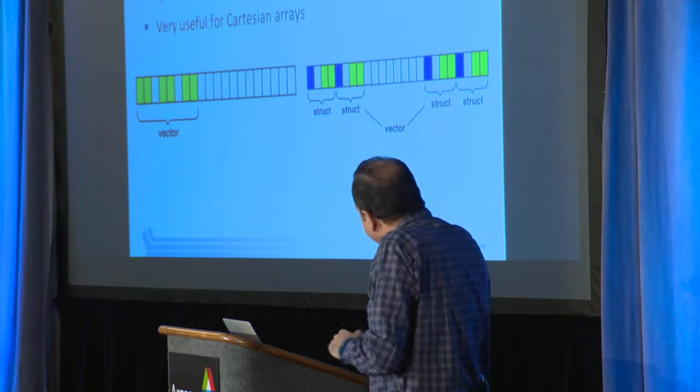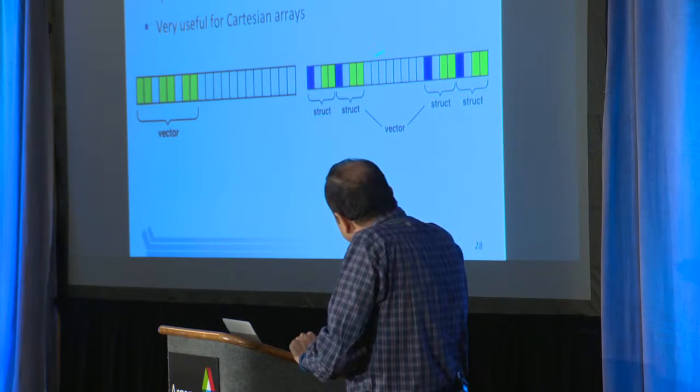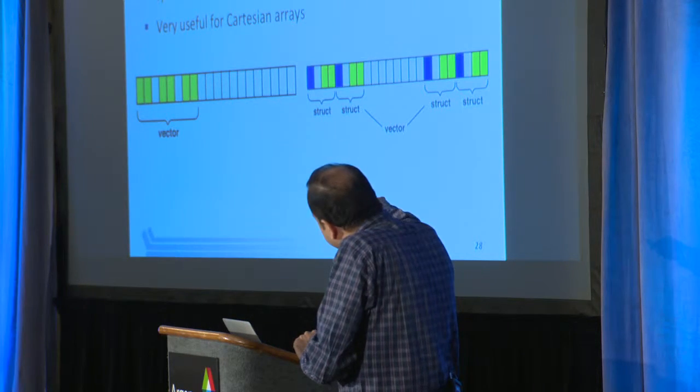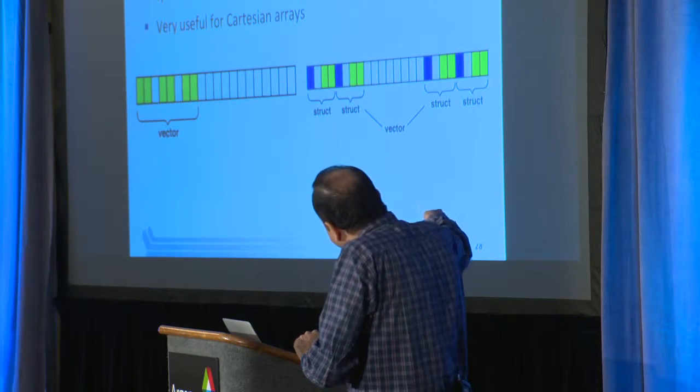You can call MPI type vector with the right set of parameters with this struct type as the old type, and you'll get a new vector, which is more complicated, but it's still a vector of uniformly strided blocks. Is this clear?